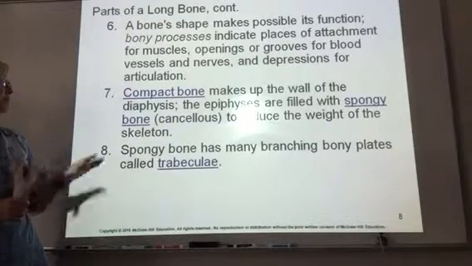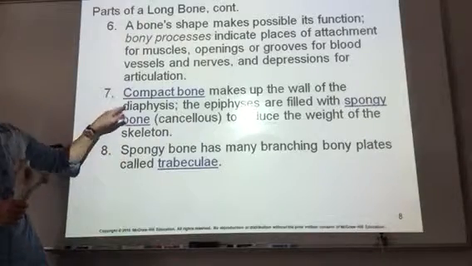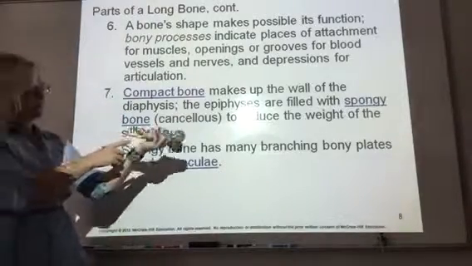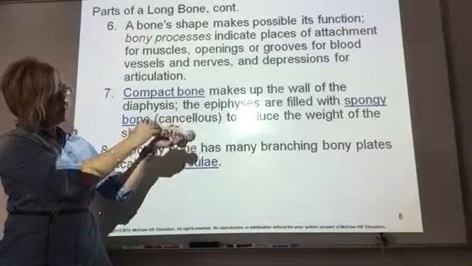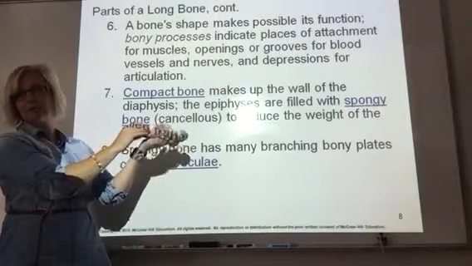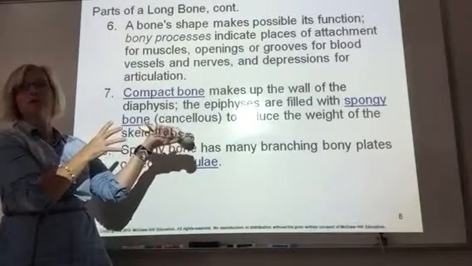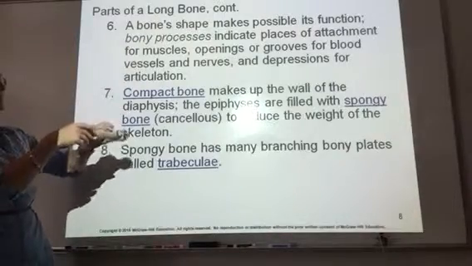Two types of bone: compact and spongy. Compact makes up the wall, so in this bone that I had, this is very compact bone. It is hard. I'm not breaking it. It's very hard to break through. Compact bone makes up the wall of the diaphysis.